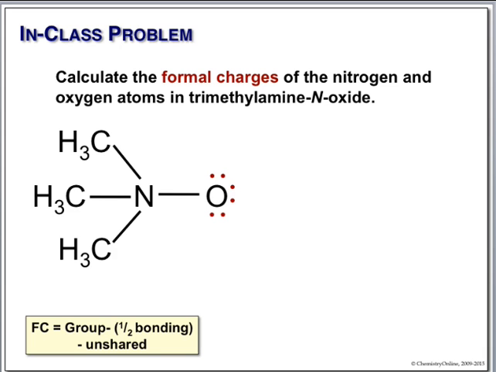Nitrogen lives here in group 5, doesn't it? We have 1, 2, 3, 4 covalent bonds, 8 electrons. We're going to subtract half of those. And we don't have any unshared.